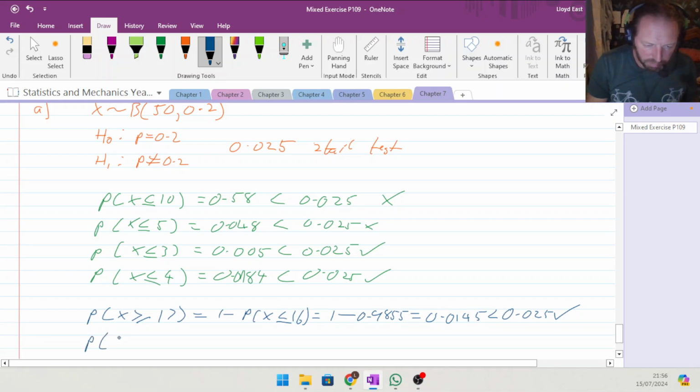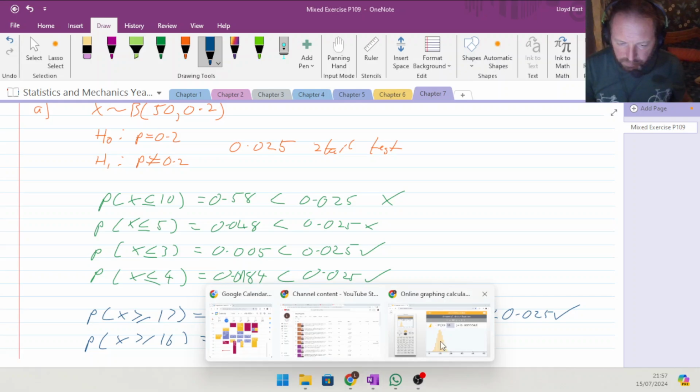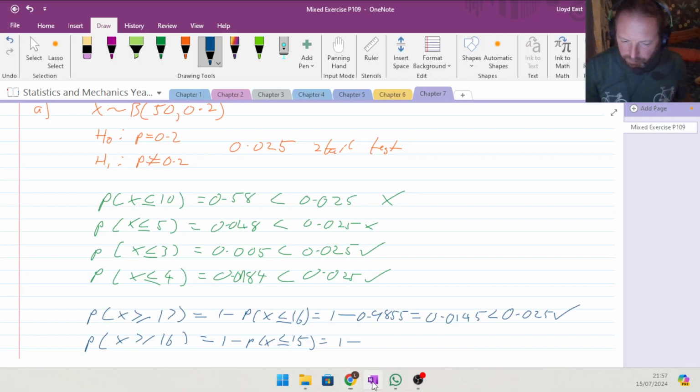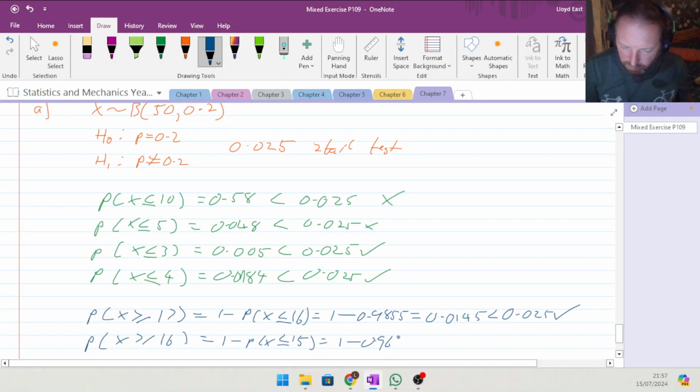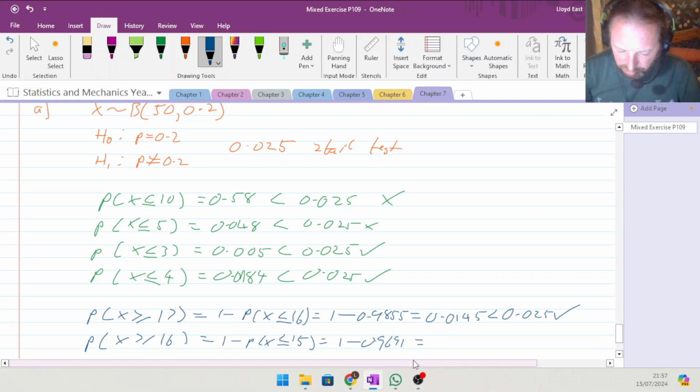Okay, so that is a good result. Let's try something a bit smaller. Let's try it at 16, which of course is 1 minus the probability of X less than or equal to 15, which is 1 minus, and if we just come in here, 15 this time, 0.9691. That gives 0.0309.